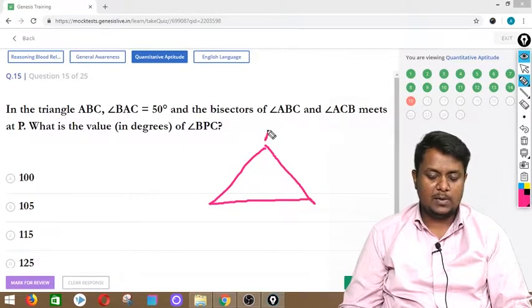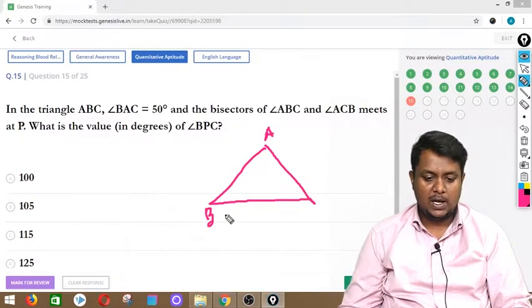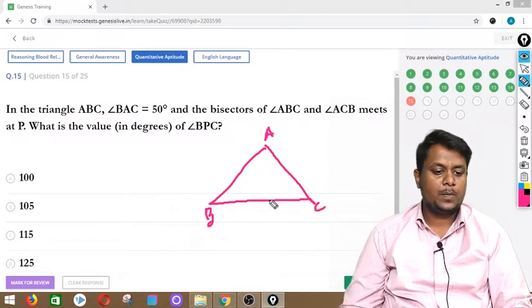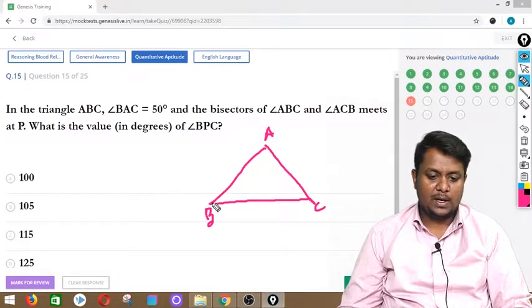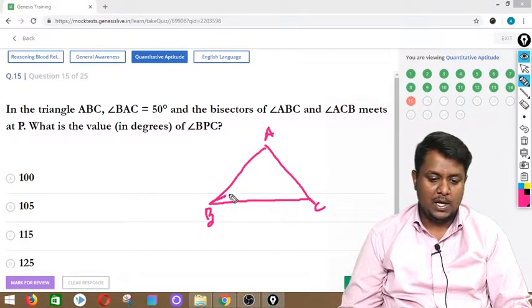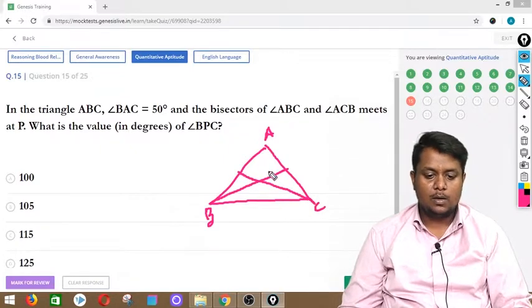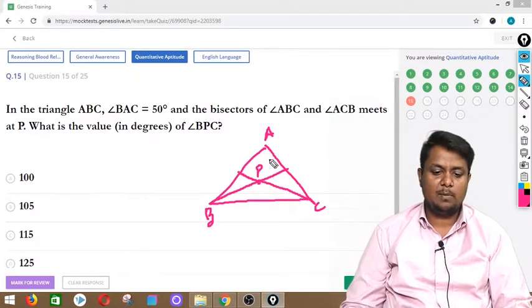So let's keep this as A, this is B, and this is C. Now, the angle bisectors of angle B and angle C meet at point P. So this is the point P at which they meet.